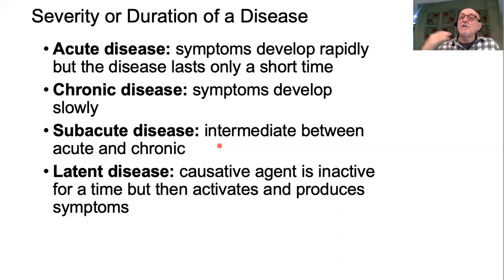Sequelae are consequences, bad consequences of a disease that will last even after the infection. So somebody suffering from established Lyme disease infection may have a year or two of intense problems and then maybe pass off with some after effects. That would be a typical subacute disease.